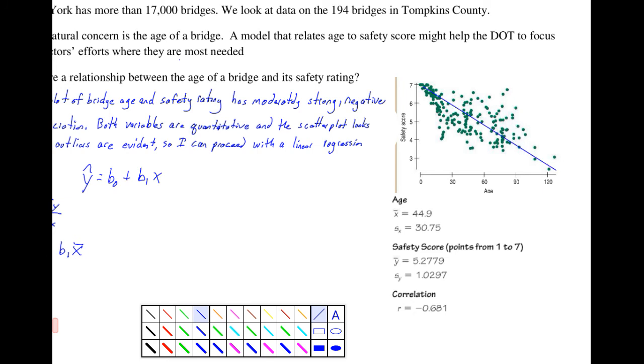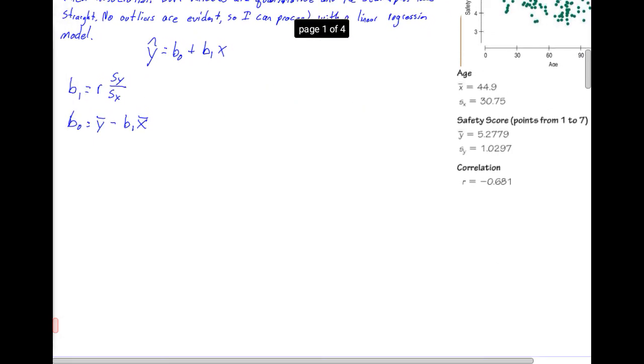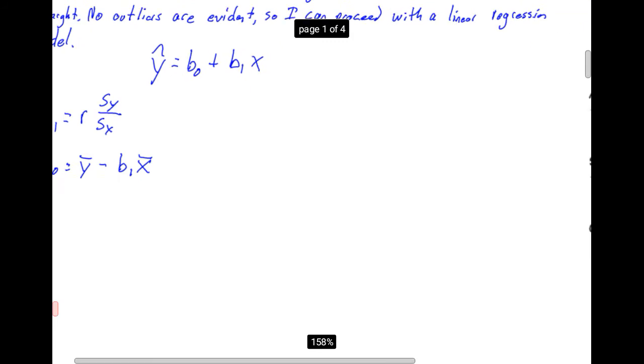If you notice, there are going to be values above the line, and there will be values below the line. We might get some that are on the line, but for the most part, they're going to be above or below. It's going to be wrong, but it still gives us some really useful information. It still has a good predictive power. So let's go ahead and calculate this. All of this information is provided for us.